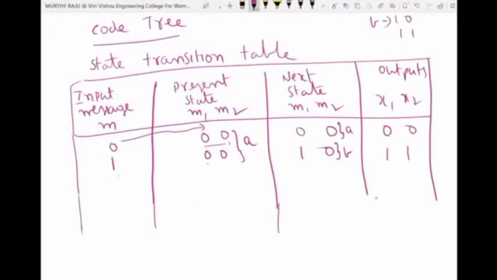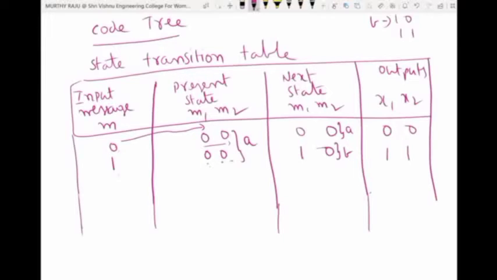That means you are in state A, the input bit is 0, and it goes to the next state, which is also A, with output bits 0, 0.